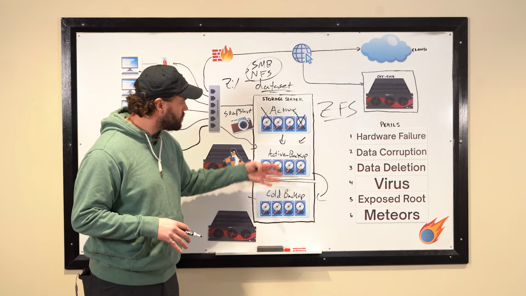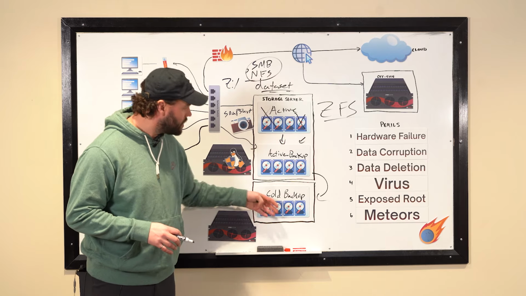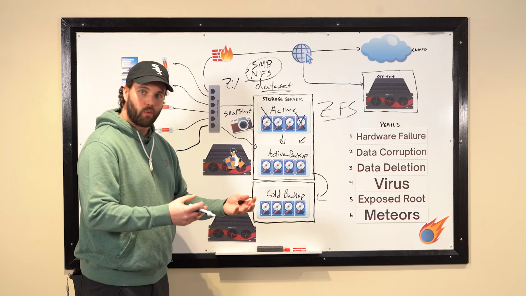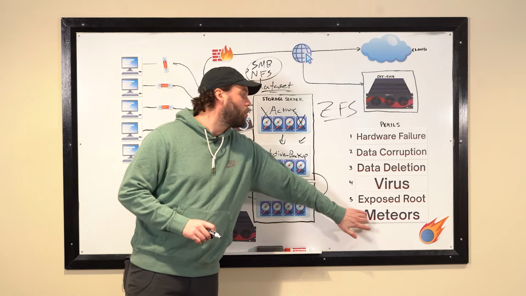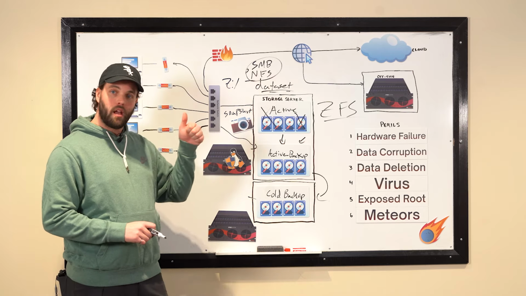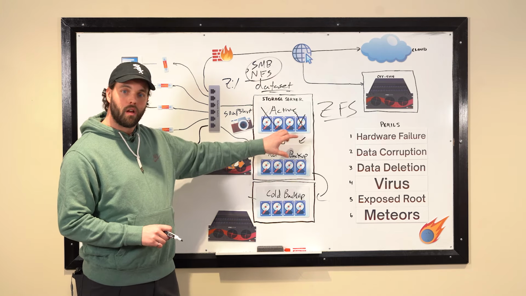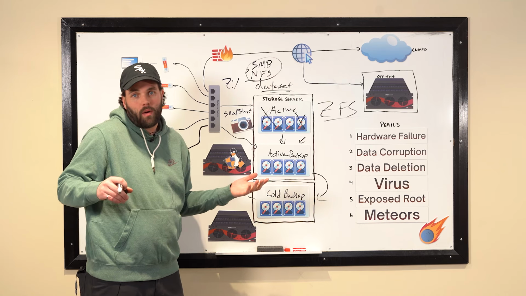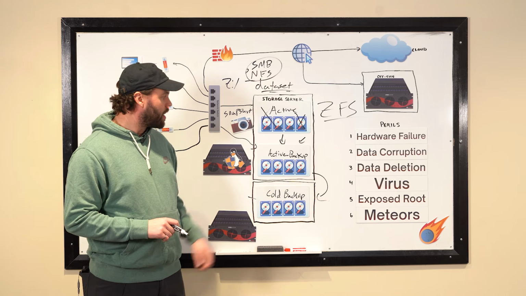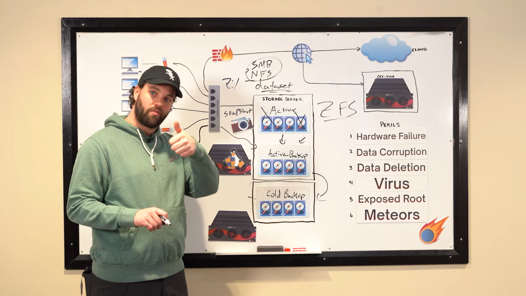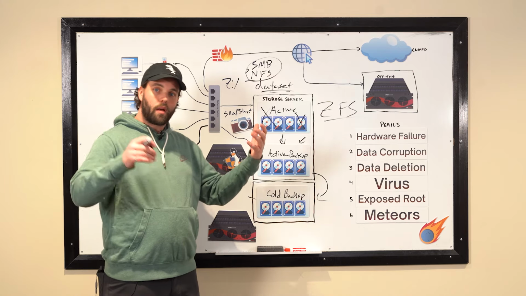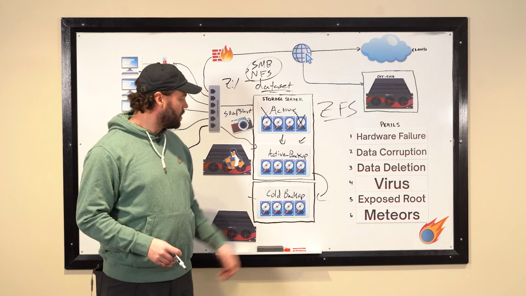Having more than one ZFS pool active and in sync with each other before you have to do a major recovery, from what I'm going to talk about when we get to the sixth peril, is a great plus of keeping everything up. Like I said, things are safe, but you want to restore as quickly as possible. So active backup in the same box, cool idea if you can fit it in there. But again, we're talking about 20, 25 terabytes, it'll fit in the box.